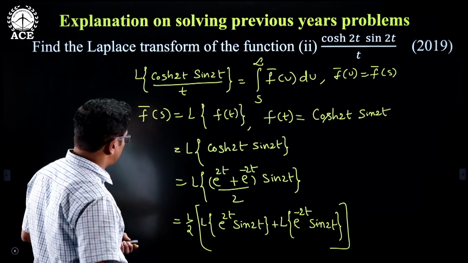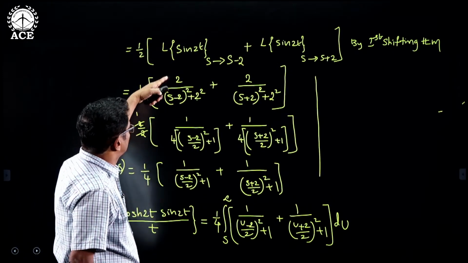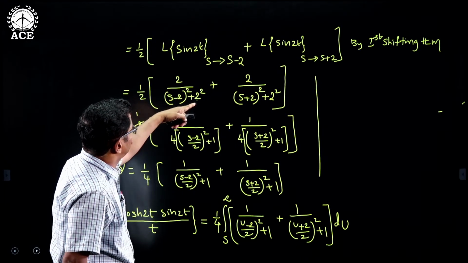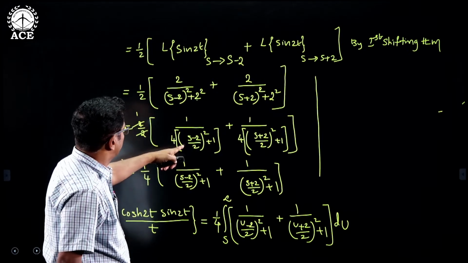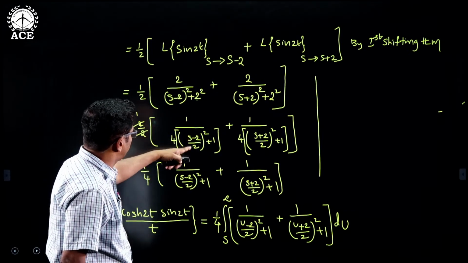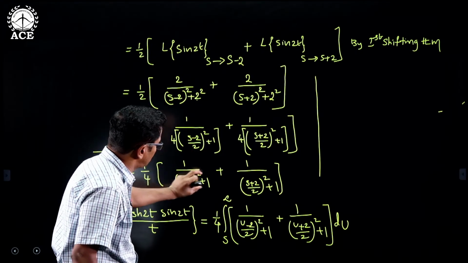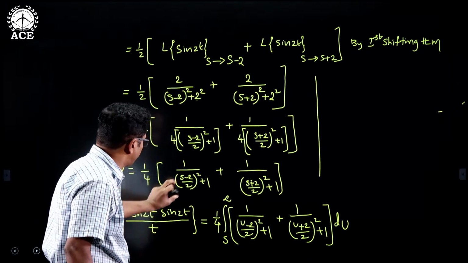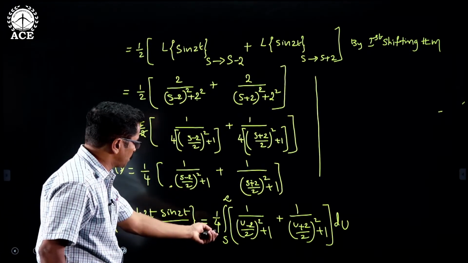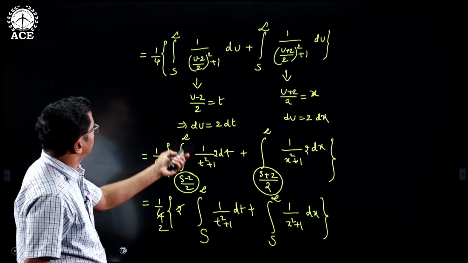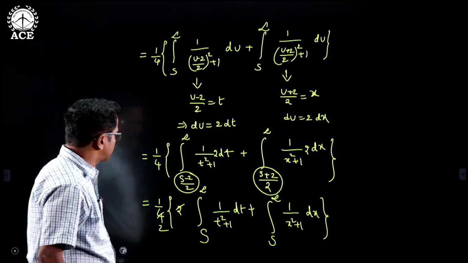Is it correct? Once I will check from the beginning. I had s minus 2 by (s minus 2) whole square plus 2 square, then here we can take 2 square common, it becomes (s minus 2) whole square, right? So here (s minus 2) by 2, (s plus 2) by 2. We have different terms we are getting, that I am reducing in terms of u, right? So here I am taking some other variables.